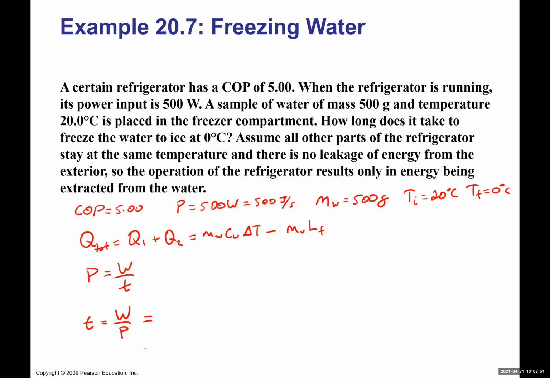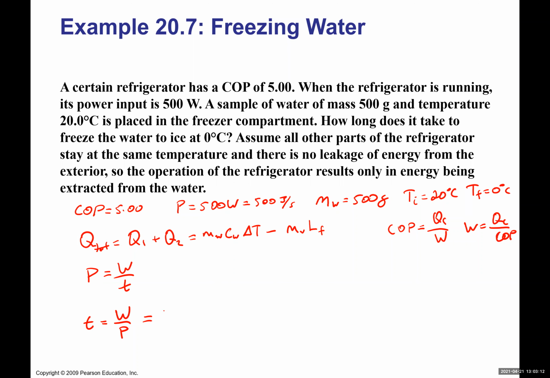using the equation that we just learned, where COP is equal to QC over work done. So we can rearrange where work done is equal to QC over the COP.